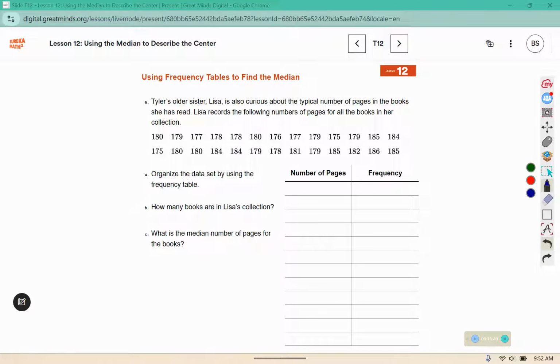Our lowest value that I see is 175. And we'll go up from there.